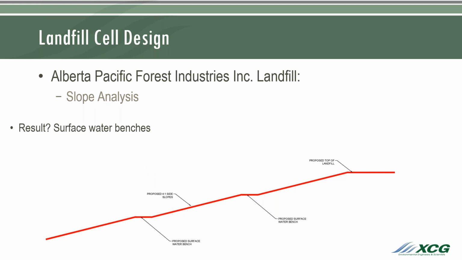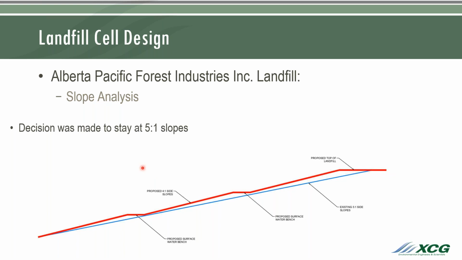When we looked at 5-to-1 versus 4-to-1 with the benches, the increased capacity shown between the blue and the red lines just didn't make financial sense to go through the process of, one, applying for the permit change, and two, the increased cost of the pipe works and all the other infrastructure that would have been required to safely convey the surface water from the surface water benches down to the bottom of the landfill or the perimeter ditch at the bottom of the slopes.